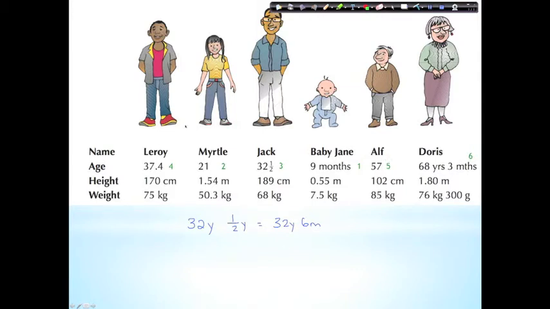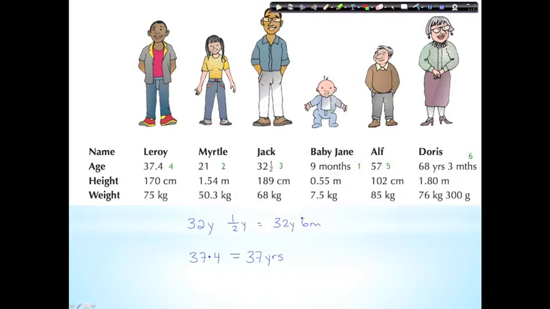If we look at Leroy, we've got 37.4. Okay, this 0.4 is different to the format we've got for the other people, so we're going to convert it. So it's going to be 37 years, because it's 37 whole years, and then we've got 0.4 of a year.